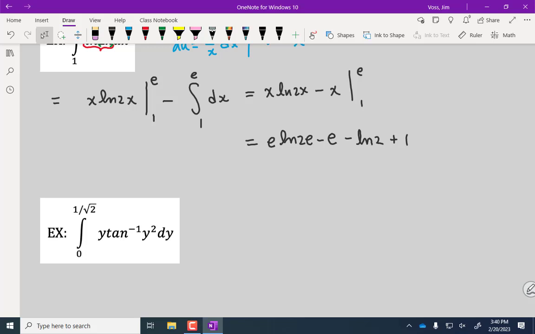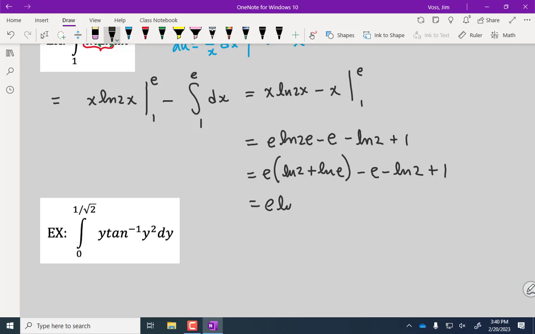Everyone agree with that? And then what's natural log of e? 1. So we could do this. We could say, let's make this natural log of 2 plus natural log of e. Natural log of e is 1.